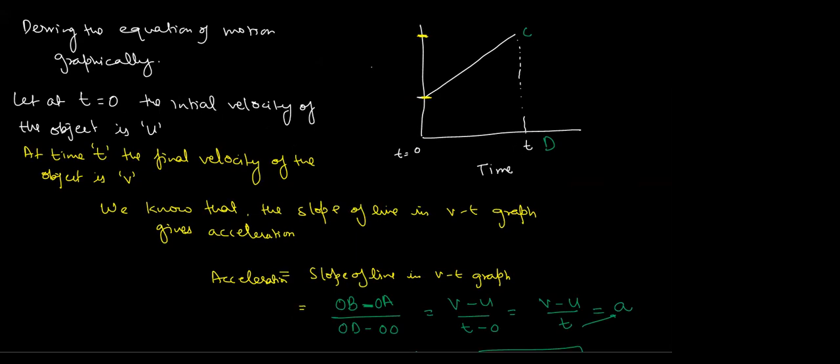Okay, so let me write this. Suppose this is the point A and this is the point B. If I ask you what is the coordinate of point A, what will you tell? 0, comma, the OA distance. This is the time t. If a person is going to point A, then he has to travel 0 in the x-axis, and in the y-axis he has to travel the OA distance.